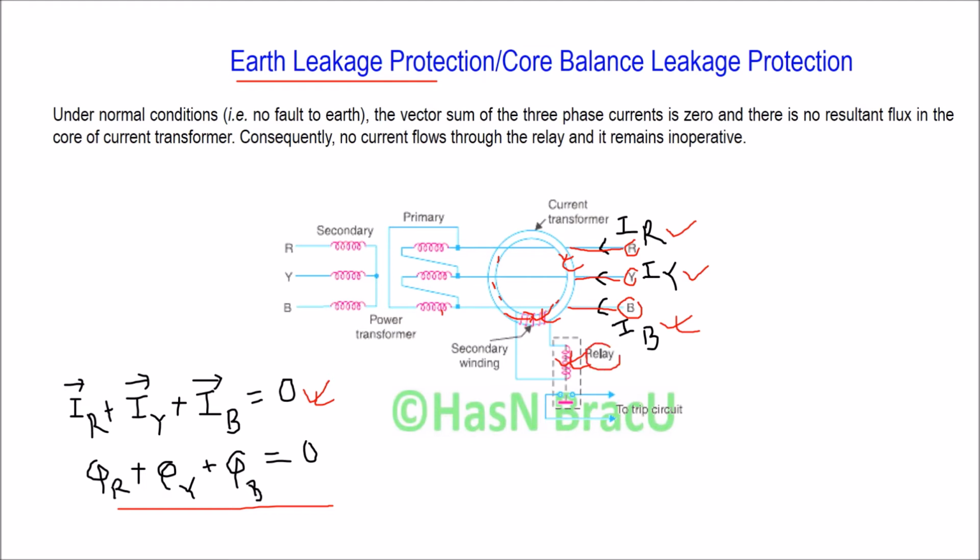If there is no current flowing through this relay, this means the relay is not activated. So, under normal operating condition, since the resultant current is 0 for three phase currents, this earth leakage relay will not be activated.